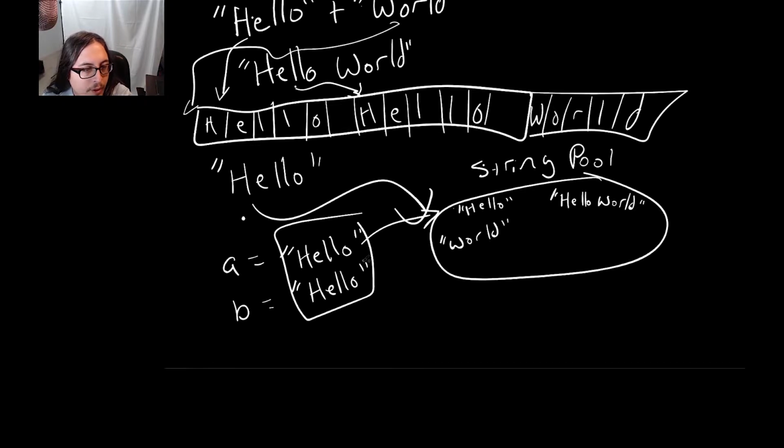Let me just throw that memory area back to this. And the reason it can do that is because all of these strings are immutable. So even if someone tries to modify these strings in some way, they can't, right? They're immutable. So they know that they will never, ever change. No matter who they give this reference to, it will be the same. Or at least that's the assumption.